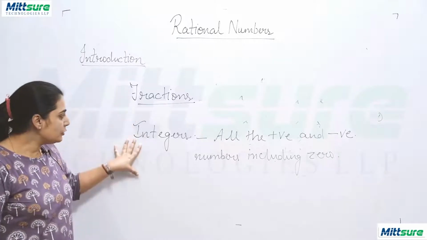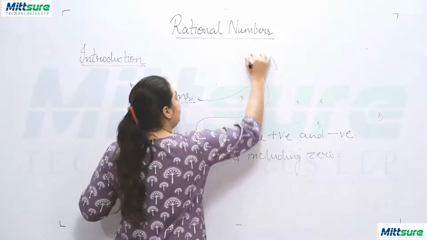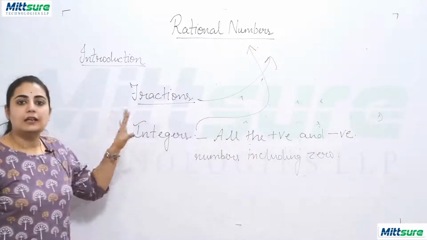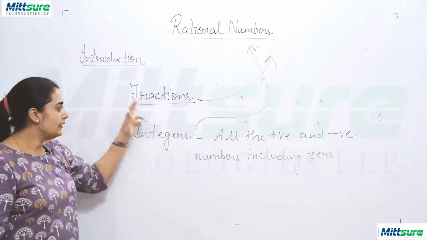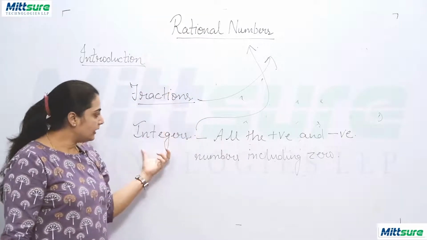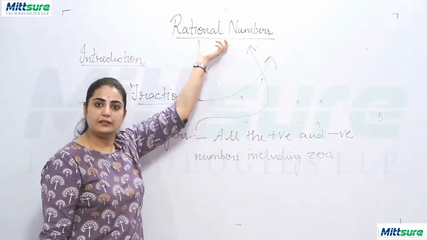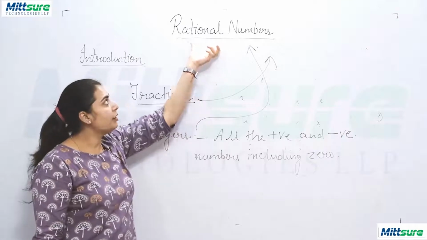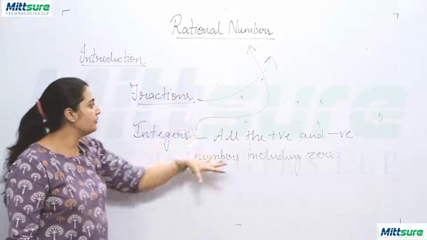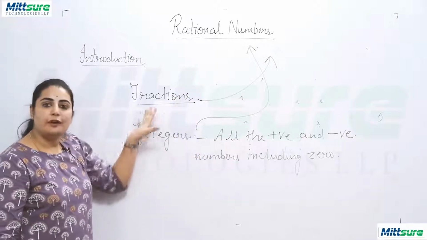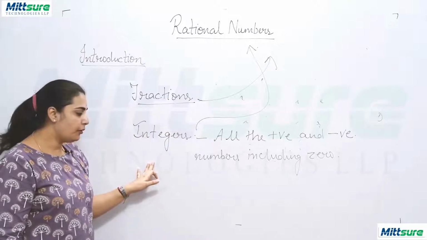Now, when these two types of numbers are clubbed together, we come to know a term known as rational numbers. If the integers come into fractions, then they are together known as rational numbers. So did you understand from where these numbers have emerged? They are emerging from the pre-concepts which you have studied already, that is the fractions and the integers.